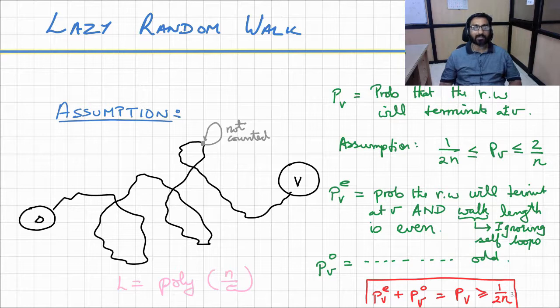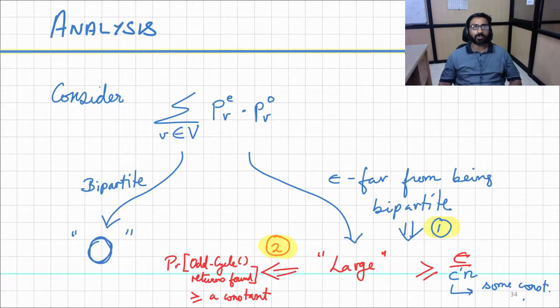Now, with this notion of lazy random walks and the notation that goes along with it, we are ready to look at the framework of our analysis. So how are we going to do this analysis? There is going to be a very key summation: the summation over all the vertices of the product PVE times PVO. Think about what this summation is about.